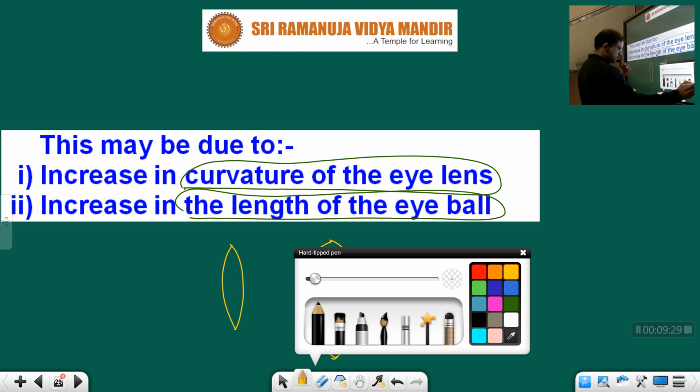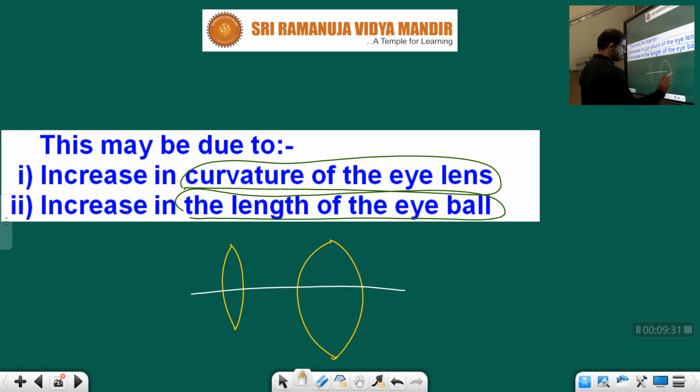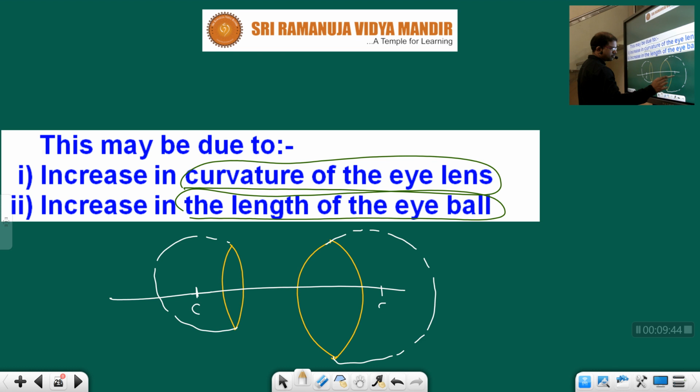See, children, let us compare these two lenses. For this, here is the center of curvature, children. But for this, the center of curvature will change, right? The eye should adjust according to the object distance.